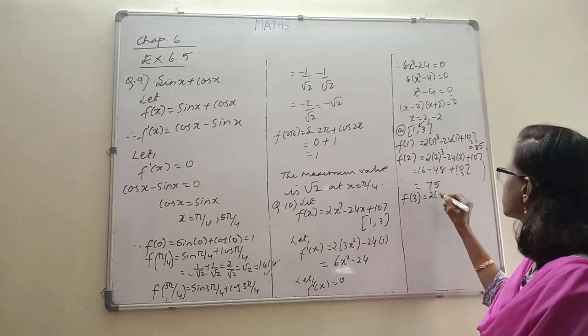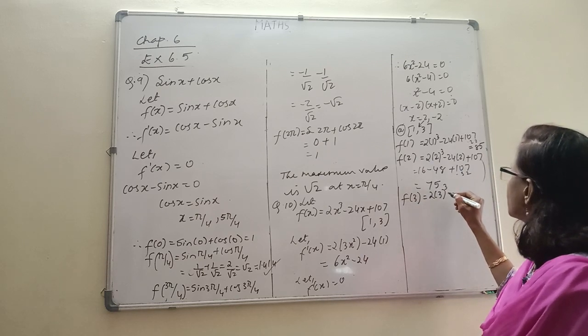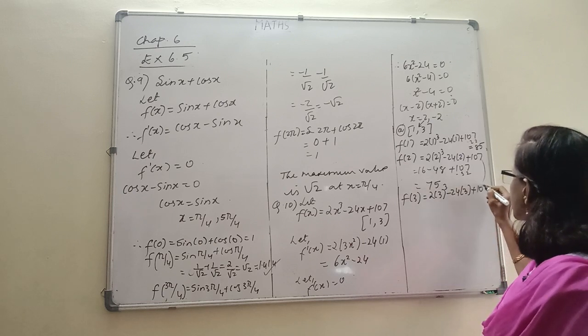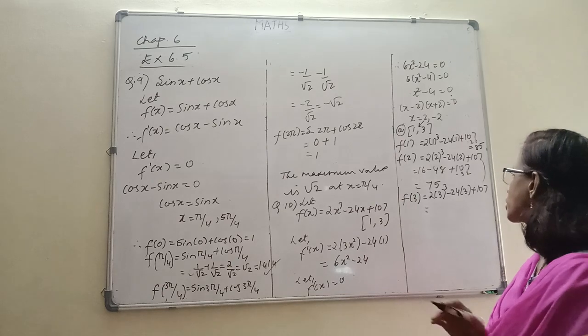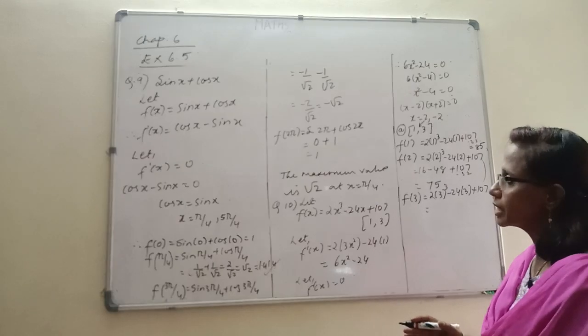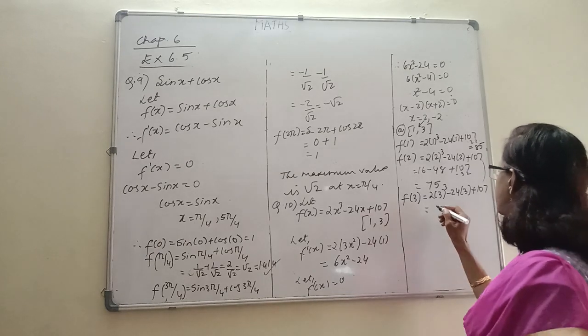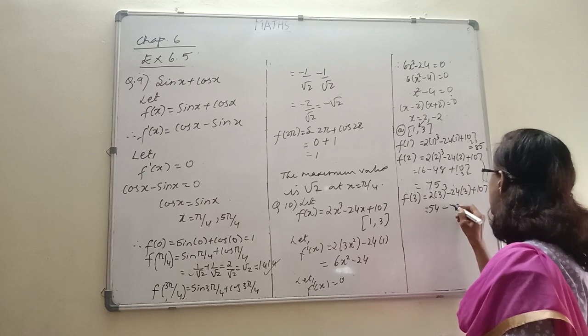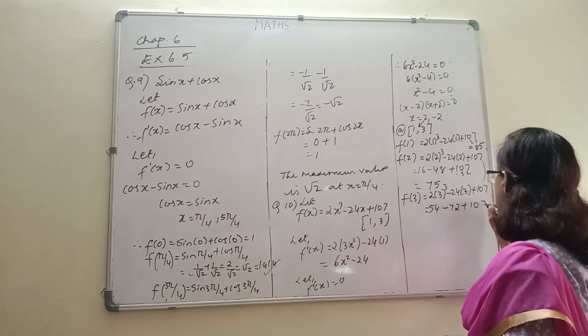Let's see what f at 3 is. It's going to be 2 times 3 cube minus 24 times 3 plus 107. So 3 cube is 27, times 2 is 54, and 24 times 3 is 72, plus 107.